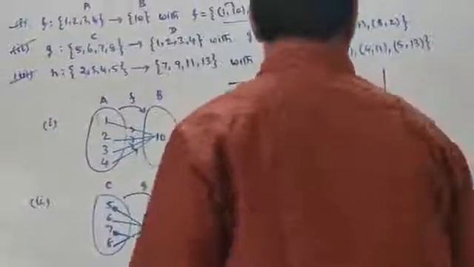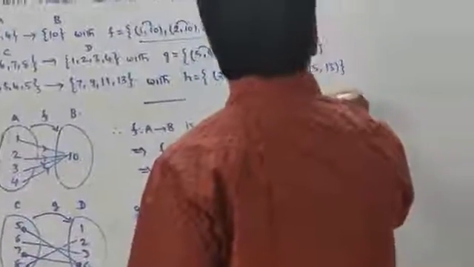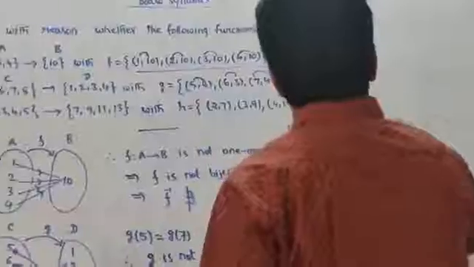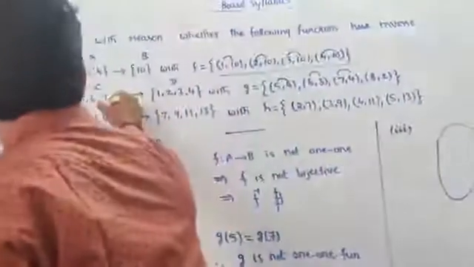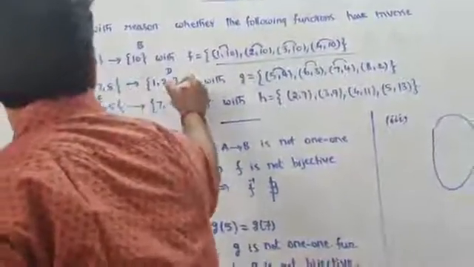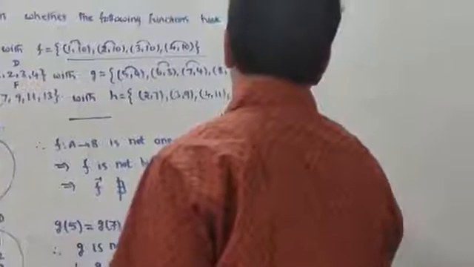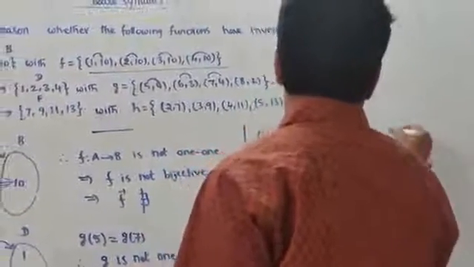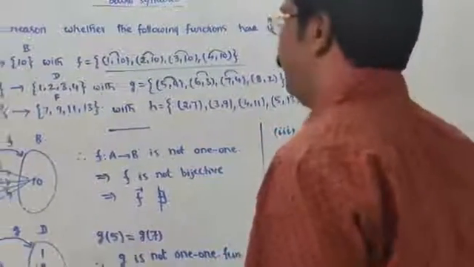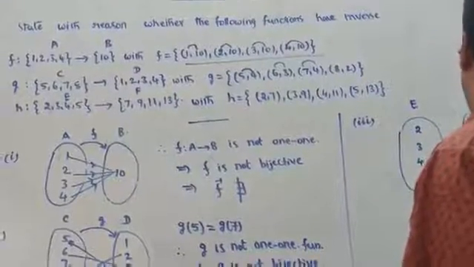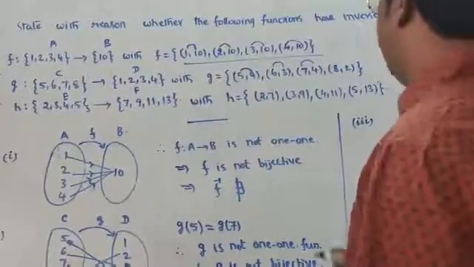Now the third one, h. Suppose E and capital F are the domain and codomain. Capital E is 2, 3, 4, 5 and capital F is 7, 9, 11, 13.